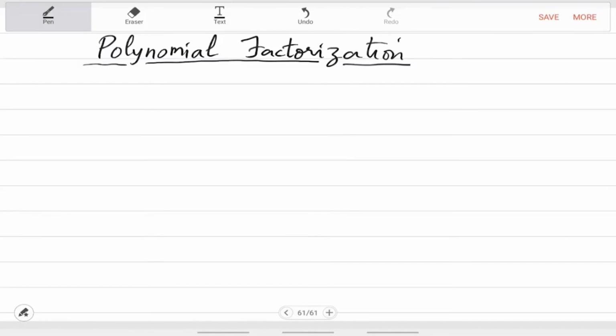We'll start with factorizing polynomials because this is the simplest. Integer factorization is so hard that all your security is based on that currently. So we'll start first with polynomial factorization.